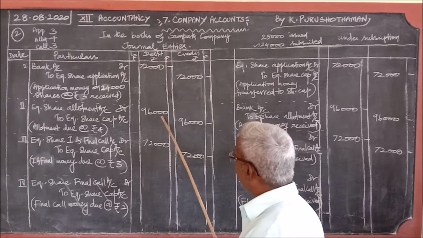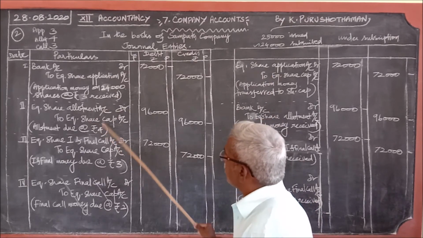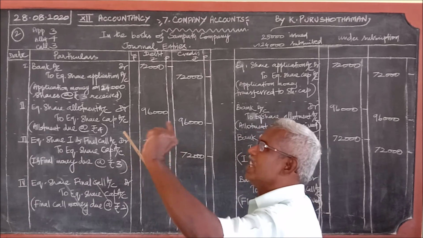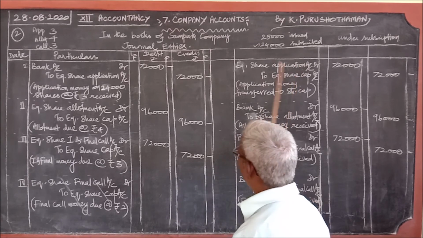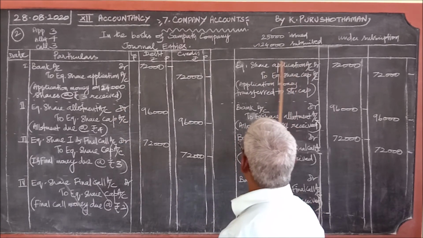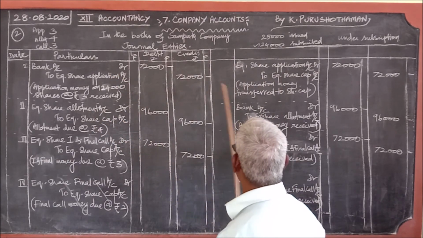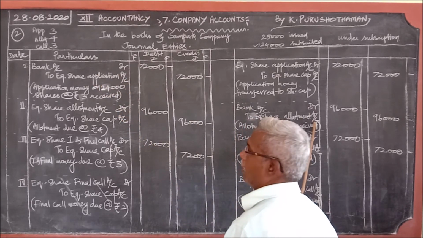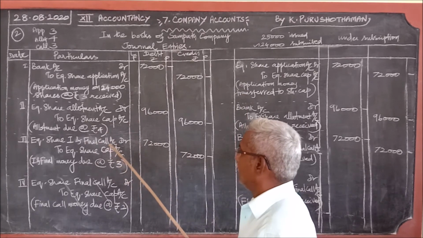In the second and third stages, the first journal entry is repeated with necessary small changes. What small changes? Instead of application, we write allotment. The same journal entry we can write here.